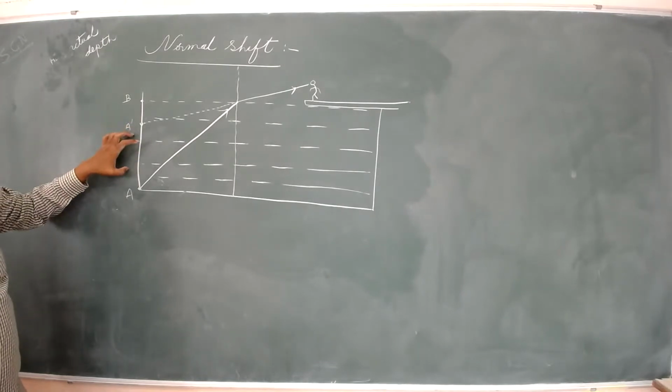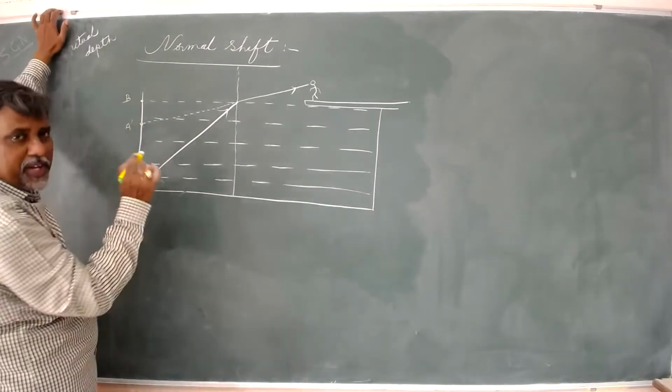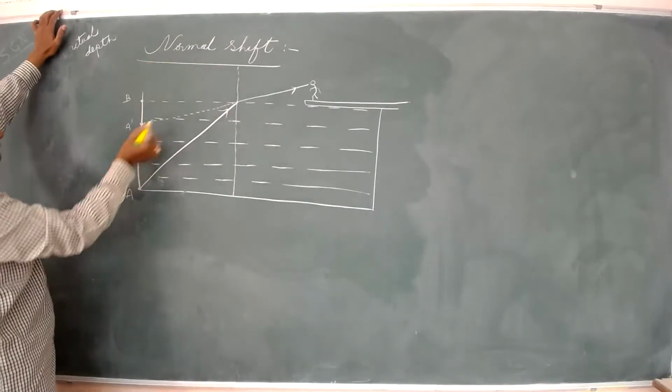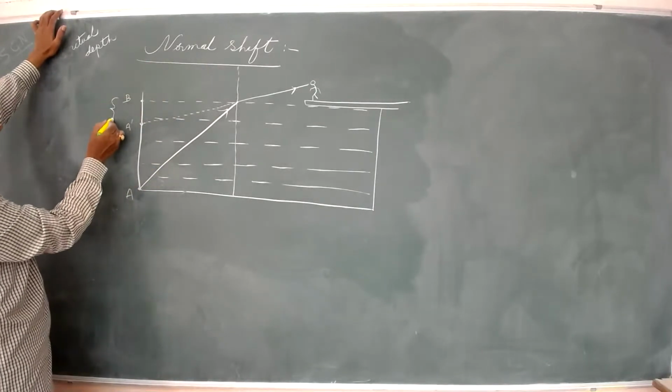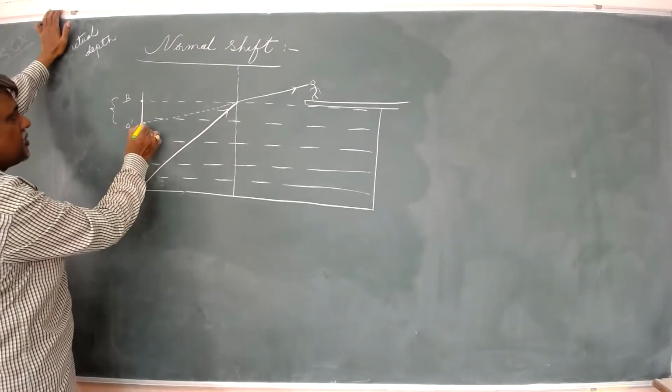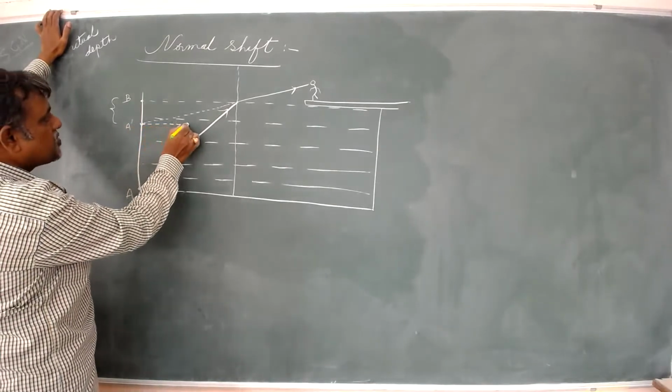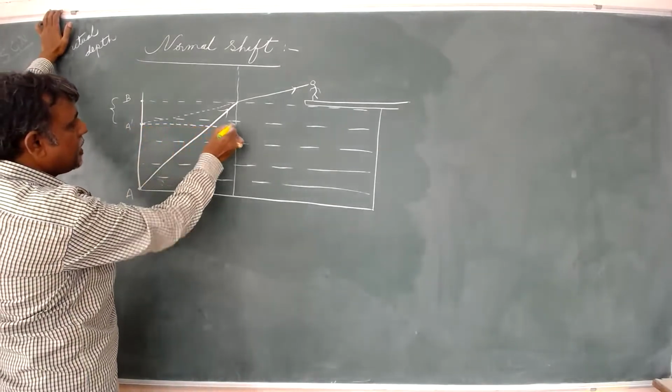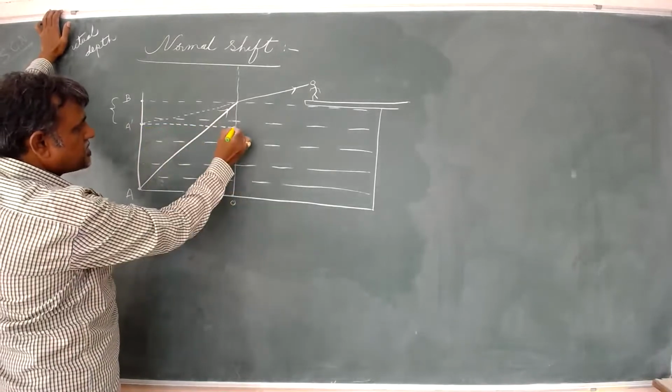If you ask the observer what the depth is, he says the depth is only A dash to B. That's all, very simple. For the observer, the bottom of the swimming pool appears to be here. So this is O and this is O dash.